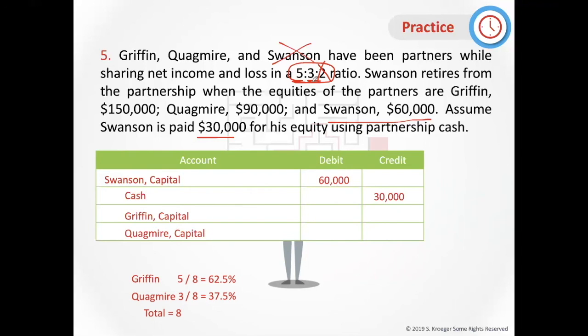We'll take both of those percentages and multiply it by that $30,000 extra money that Swanson is losing and that the old partners are getting. 62.5% times 30,000 equals 18,750. Do the same thing for Quagmire. 37.5% times 30,000 equals $11,250. That's how you do this problem.